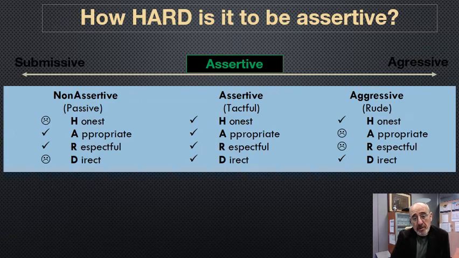While on the opposite side, the aggressive one, you might be being honest, but you're not being appropriate or respectful, and you might be being direct, even too excessively direct. So the assertive position would be to be honest and appropriate and respectful, but also direct. That's the main idea of assertiveness, not just in language terms, but generally.